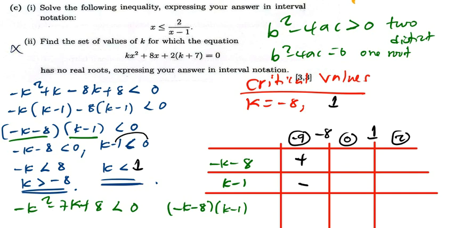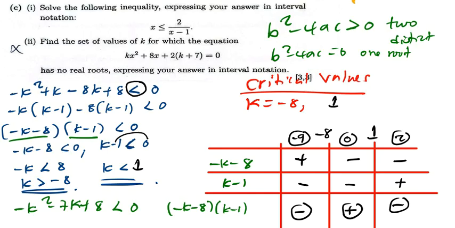Positive times negative is negative. If I plug in 0 here, negative there, negative, overall positive. If I plug in 2 here, it's going to be negative 2 minus 8, that is negative. Then 2 minus 1 is plus 1, which is positive. Overall, negative.